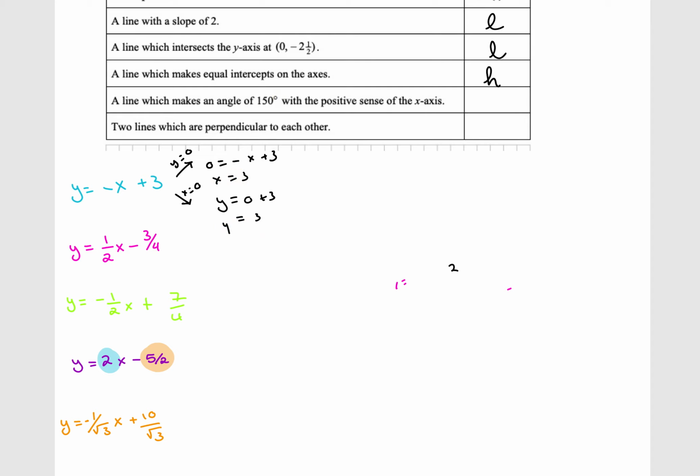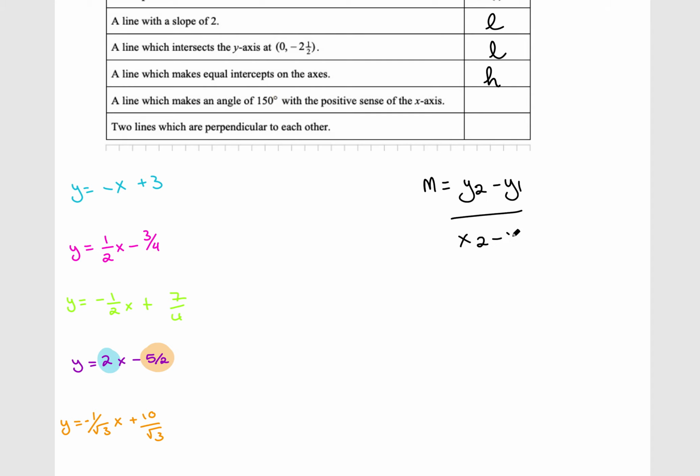So we're being asked to find where it makes an angle of 150. Now, what is the connection between angles and linear graphs? The slope is given by the change in y over the change in x. Another way you can get the change in y over the change in x is this: the change in y would be the up and down, and the change in x would be the left to right.